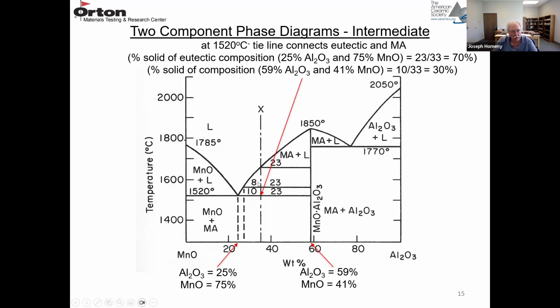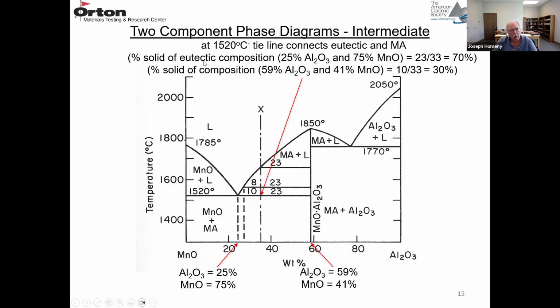So the percent solid of this eutectic composition, which is this here, 25% alumina and 75% MnO, is the tie line 23 over 33, or 70%.